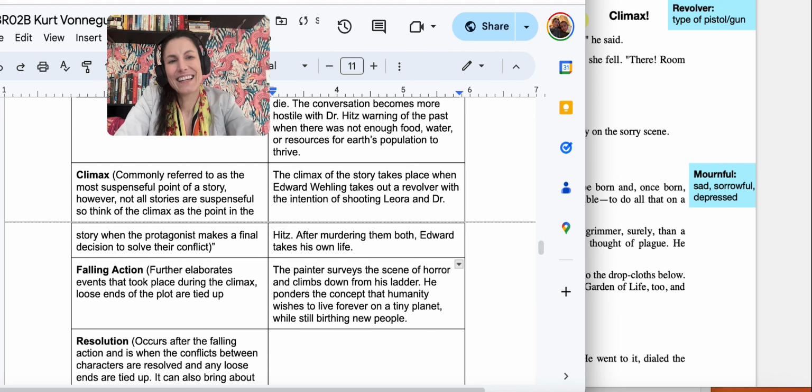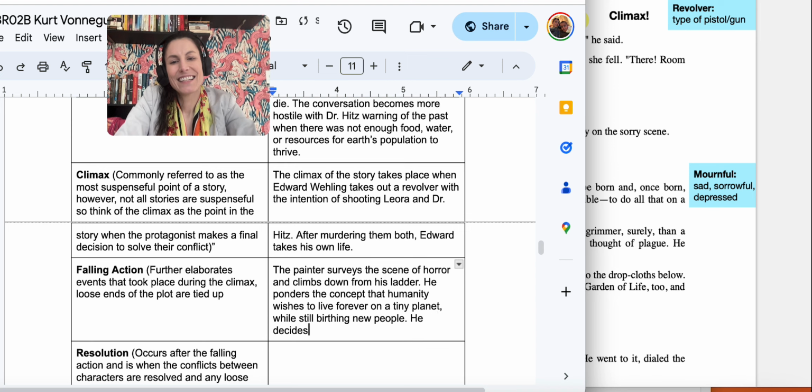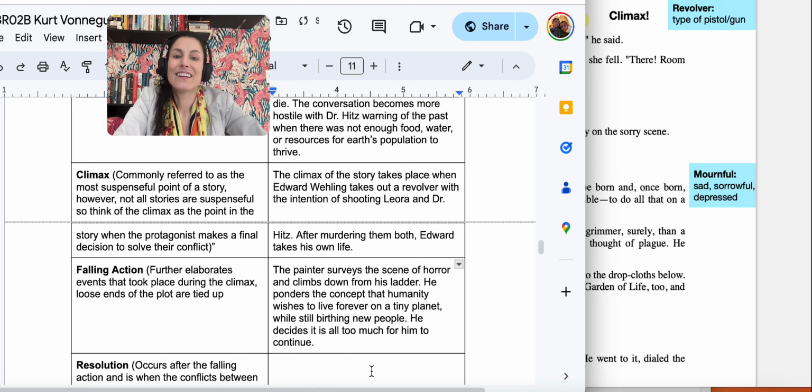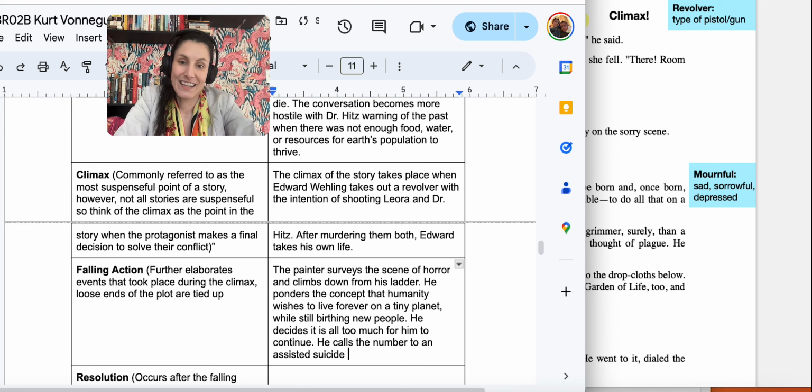Then we can say he decides it is all too much for him to continue. So then he calls the number to an assisted suicide hostess.